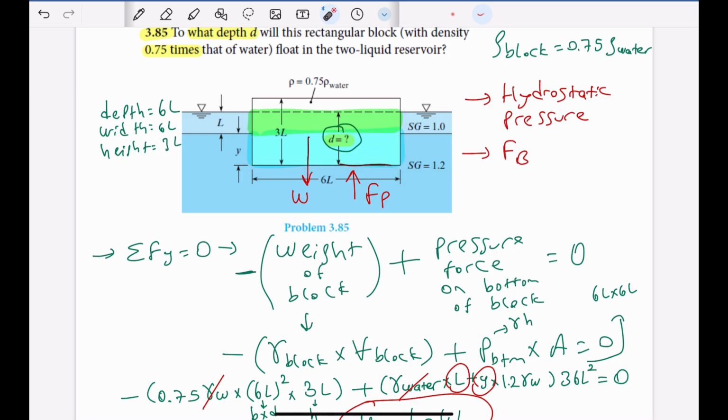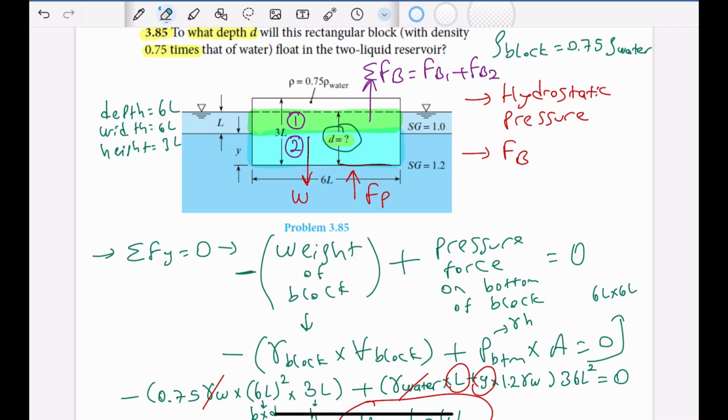And for buoyancy, since this will be floating, the weight of this block should be equal, let me use another color, to the total buoyancy force. When we say total buoyancy force, we will have two different buoyancy forces. So let's say this is the first and this is the second one.